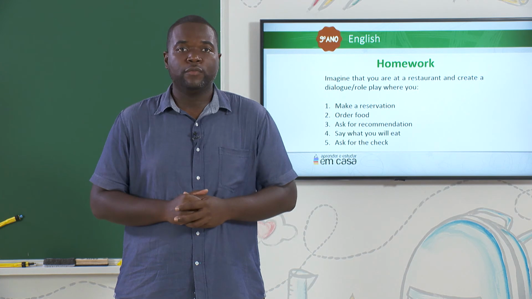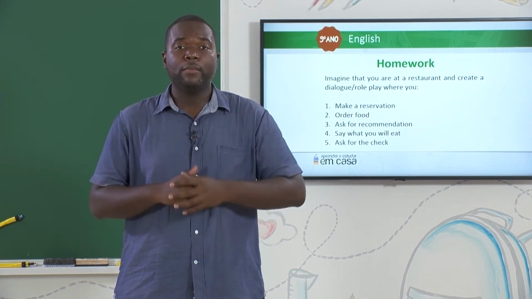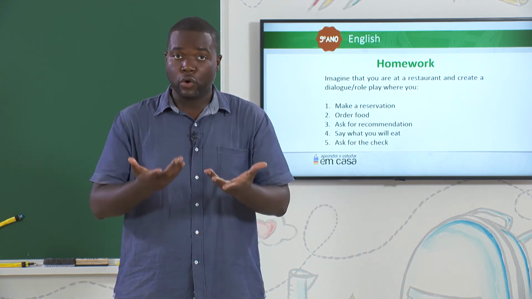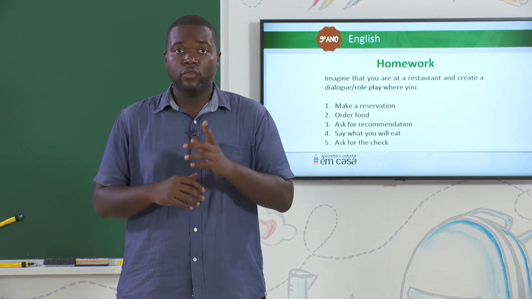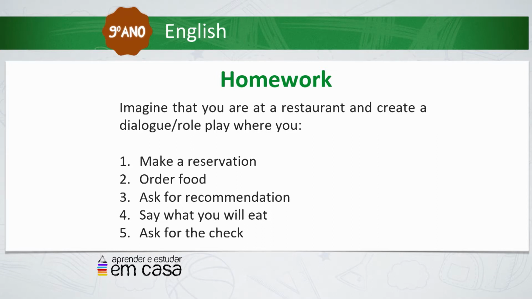As always, students, before we start our class, we always correct our homework. But remember that last class you had a homework to do where you would show it to your teacher, okay? So your homework was: imagine that you are at a restaurant and create a role play or dialogue where you, 1, make a reservation, 2, order food, 3, ask for recommendation, 4, say what you will eat, and 5, ask for the check.